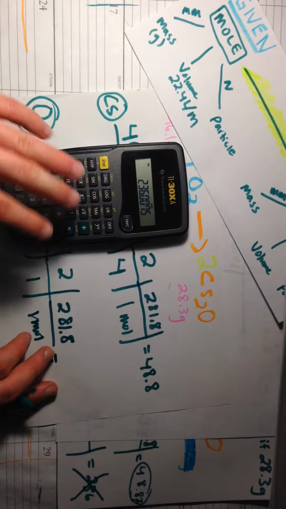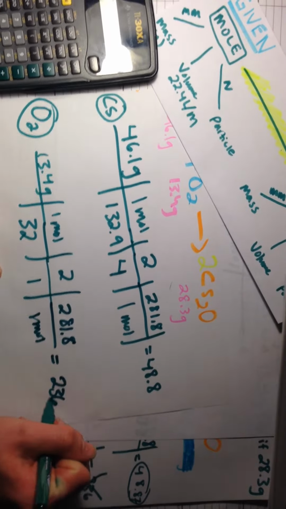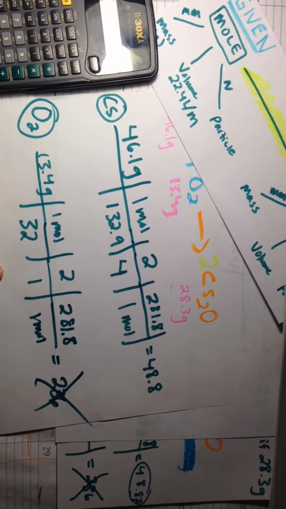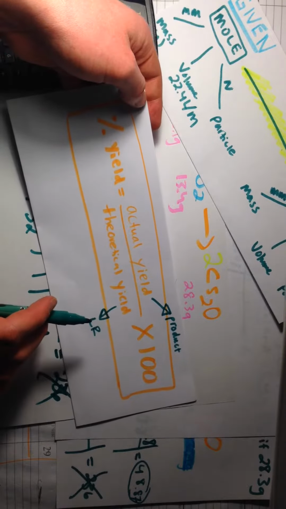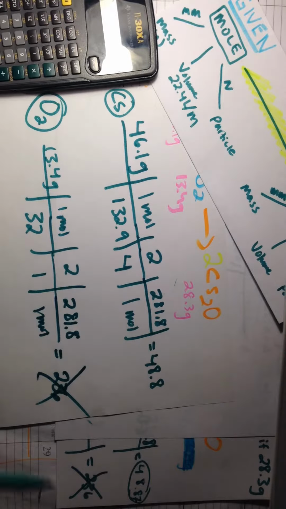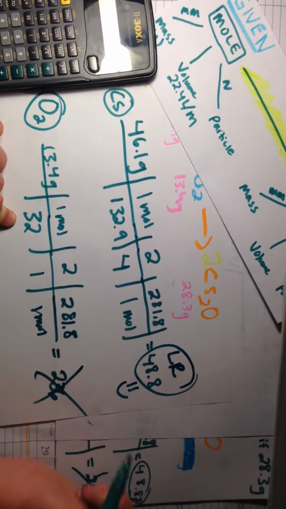And that's going to give us 236, is that right? Yes, that is right. So obviously here, this is the excess. We don't care about the excess. No one cares about the excess because in our equation here, we only care about the limiting reactant, because that's the only thing that we're missing. So this is the limiting reactant right here. So we're very happy here.